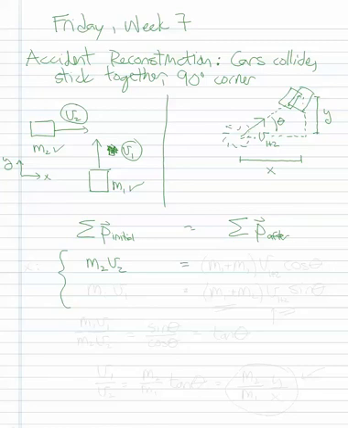That is equal to, well, the cars are stuck together, so m1 plus m2, and they have some final velocity, I'm calling this v1+2, but I only want the x component of that velocity, so it's cosine of theta. In the y direction, I have m1 v1, and that's it. The other car isn't moving at all because this is a 90-degree corner.